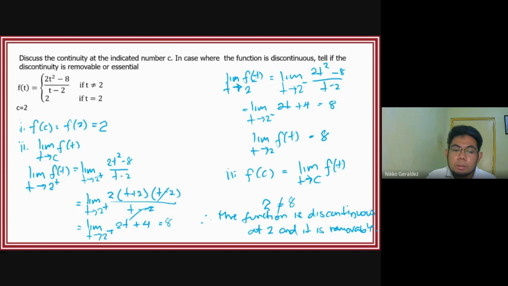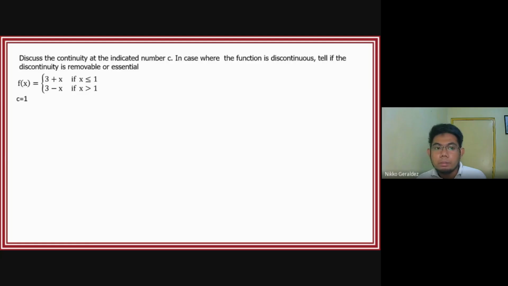Next. Please try this one. f of x is equal to 3 plus x if x is less than or equal to 1. f of x is equal to 3 minus x if x is greater than 1.